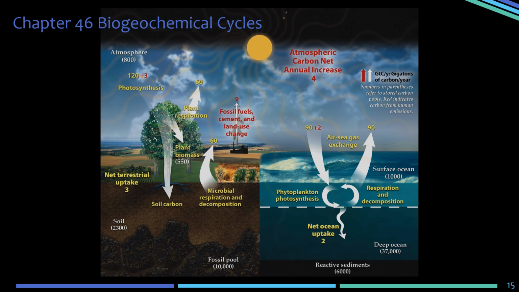For some of them, you may also need to know the organisms involved in the transition from an inorganic to an organic form. I will mention those. You'll see them on the slide. So if it says bacteria do this process, you need to know that it's bacteria. You don't need to know what kind of bacteria unless specifically stated, but you do need to know if there is a living organism involved.